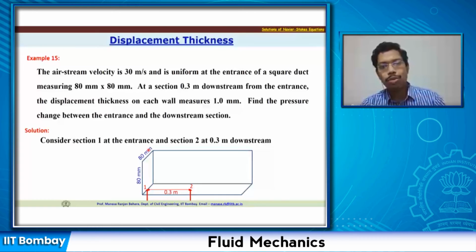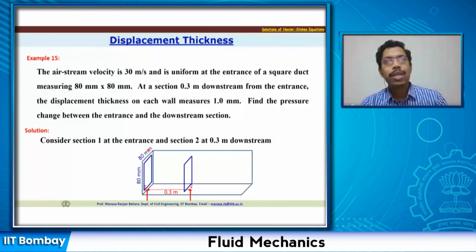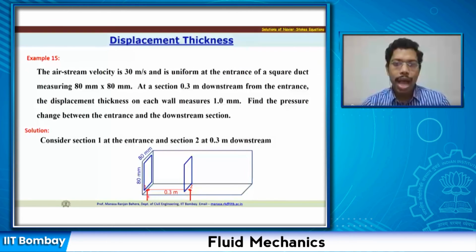Before I go to the solution, let me explain a little bit. Here, these are two boxes I have drawn just to give you a better picture for visualization. What is going to happen here? As the boundary layer increases from the leading edge of this box towards the inside, the boundary layer will keep on increasing.